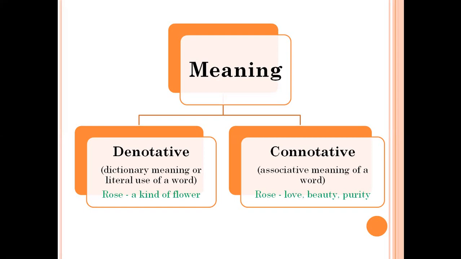Under the word rose, you will not find this meaning, such as rose refers to love. No. This meaning is associated with this word. And in literature, you may have this kind of symbolic or associative meaning of a word.